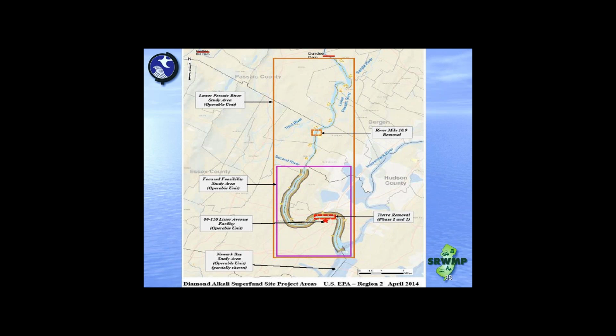Secondly, further upstream at River Mile 10.9, a removal action was necessitated due to the presence of very high surface sediment contamination in a mudflat near recreational areas in Lyndhurst. In both cases, the responsible parties came forward to conduct these removal actions in advance of the RIs being completed throughout the whole river system.